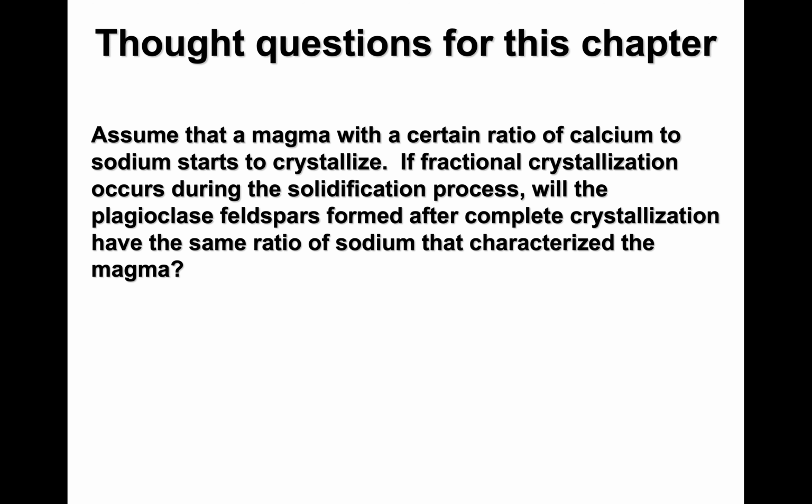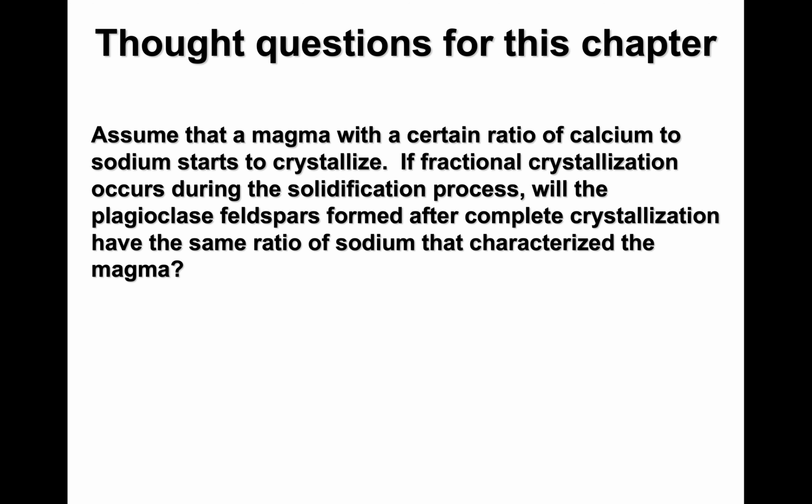There, for example, we can have the plagioclases, and these are maybe the minerals which will be formed. If fractional crystallization occurs during the solidification process, that means we are making from our melt a solid, will the plagioclase feldspar formed after complete crystallization have the same ratio of sodium that characterized the magma?